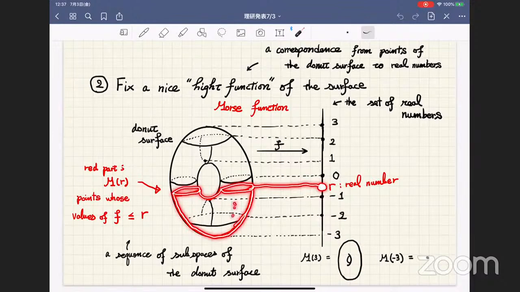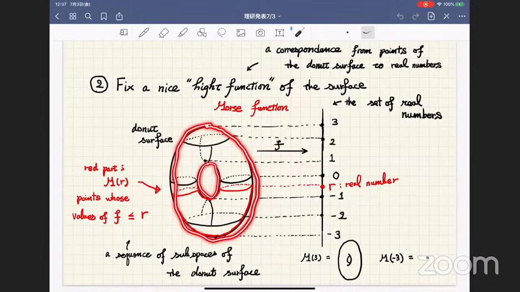All these points have the value of f smaller than or equal to r. This gives a sequence of subspaces of the donut surface. If r is equal to 3, then M_r coincides with the whole donut, and if r is equal to -3, then we have just a point. So we fix such a function on the surface. This is the second step.